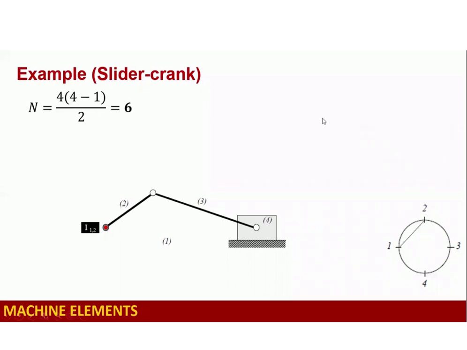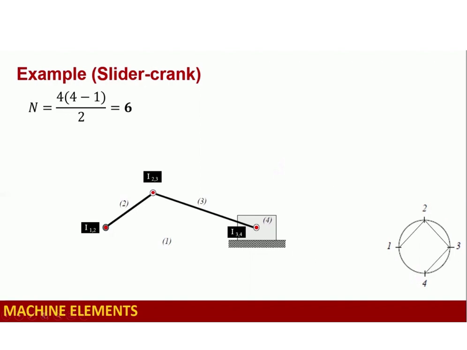The next one is 2, 3. To connect point 2 and 3 in your IC circle. The next one is 3, 4 rather, the connection between link 3 and the slider 4. Thus we have 3, 4 in our IC circle.